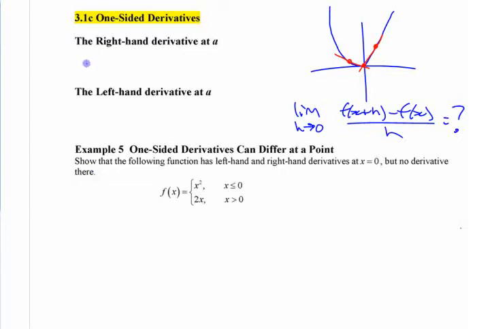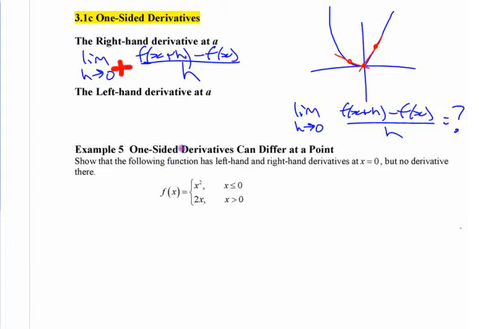The right-hand derivative is just the generic definition here, basically what I just have there, but with h approaching 0 from the plus side. Let's make that a different color so it stands out. Plus.